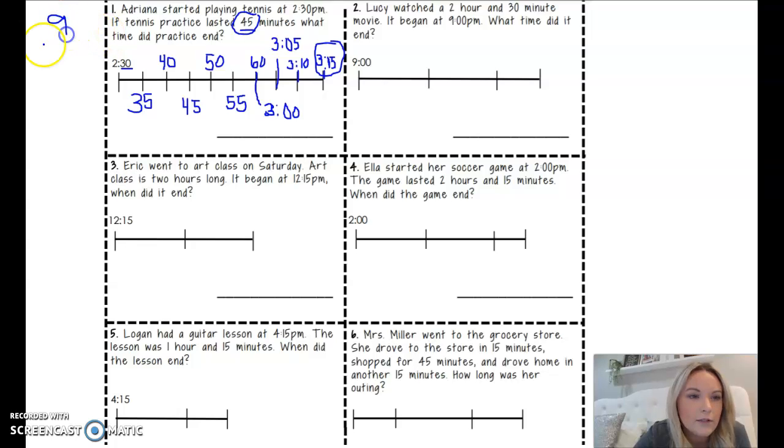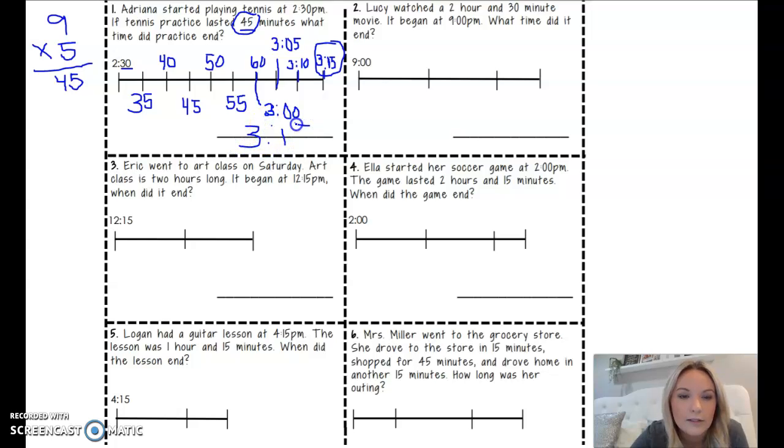Over to the side, I'm going to do 9 times 5, because I counted by fives 9 times. The answer to that is 45. So this is 45 minutes. So the answer that we would write is 3:15. 3:15 is when practice ends.